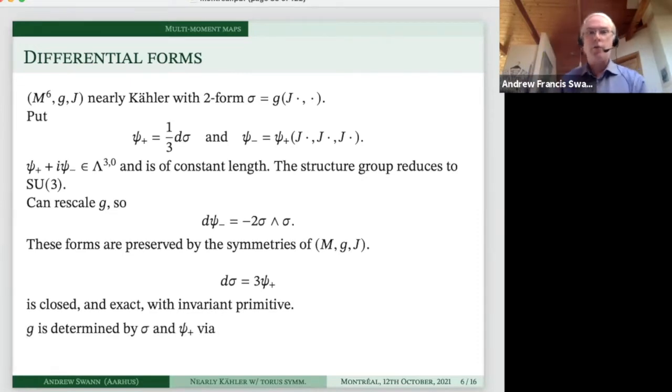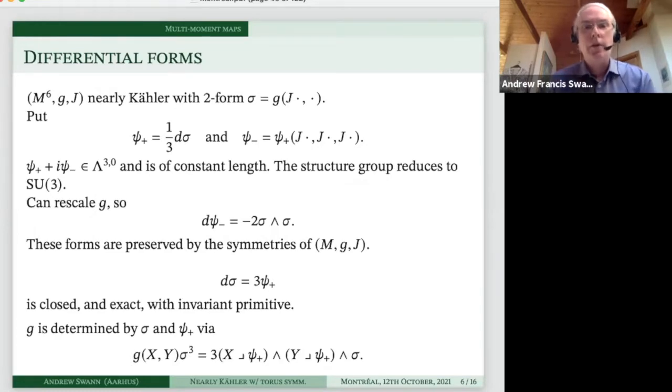One little remark is that if you know G2 geometry, this is no surprise, but it's easy to determine g from sigma and psi plus by a fairly direct formula. We have sigma as a Hermitian form, so the volume form is proportional to sigma cubed, and the inner product between two vector fields times sigma cubed is equal to this expression.